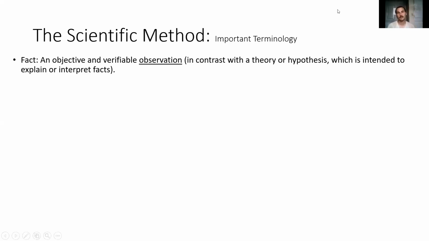What is a fact within science? The key here is that it is an observation, an objective, verifiable observation. It has to be something so basic that with our basic senses, we can all confirm it. Or, not necessarily with our basic senses. Let's say it's something so small that we can't see it, but if we can set up a microscope and have any number of people come through and look through that microscope and all say the same thing, yes, that is a plant cell, or even if it is something we can see with our basic senses.